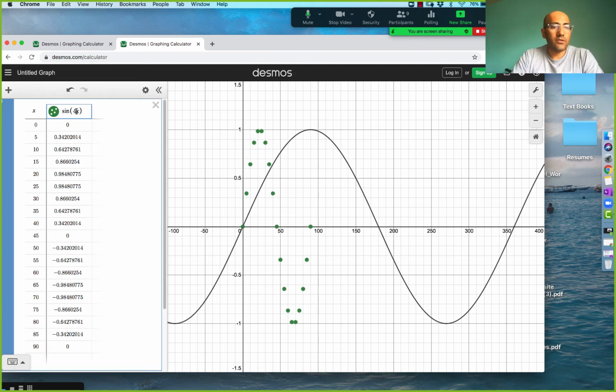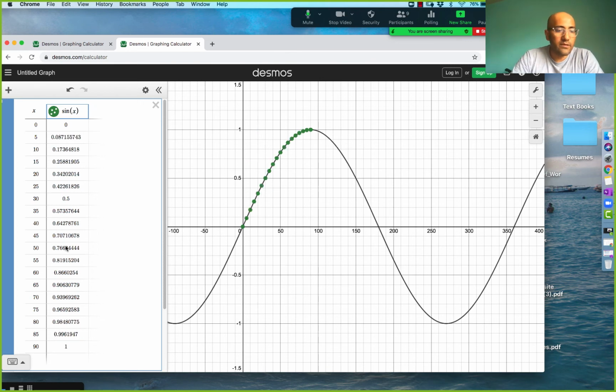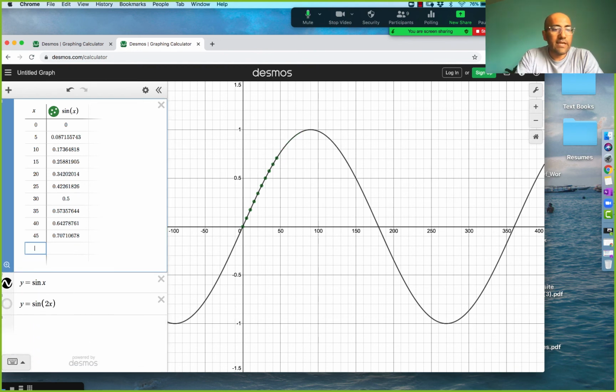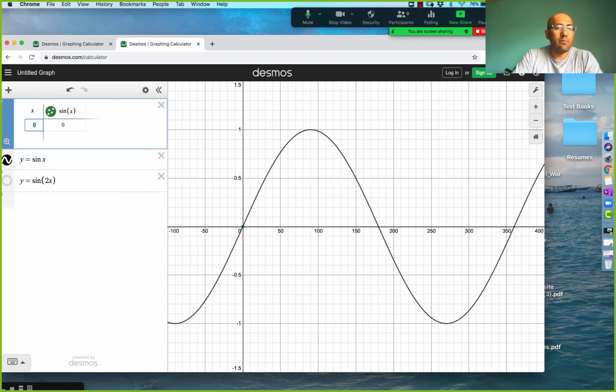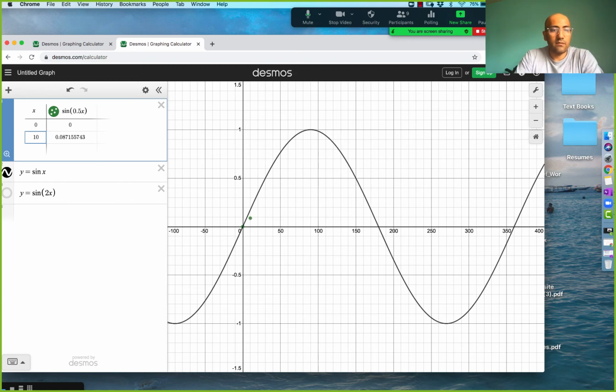Okay, the other direction is, as you would assume, if instead we're multiplying the argument of the sine function by a number that's between 0 and 1, let's say this is multiplied by 0.5, then as I find values, say 10, I'm really going to find sine of 5 degrees, right?